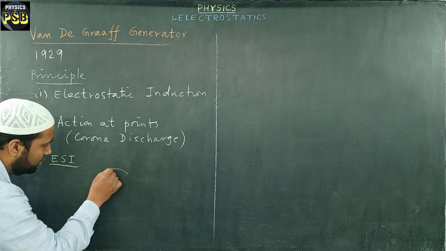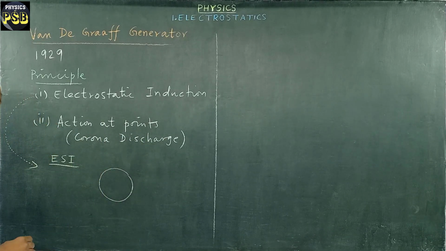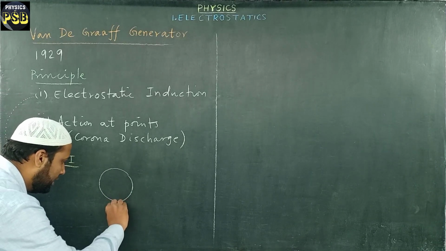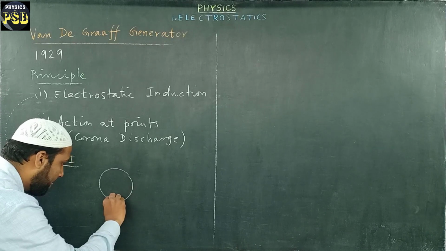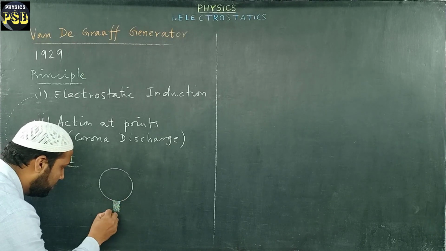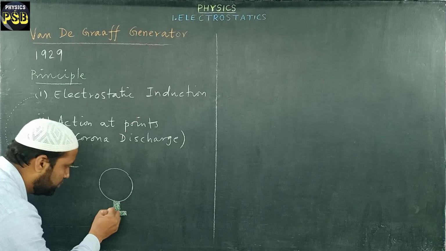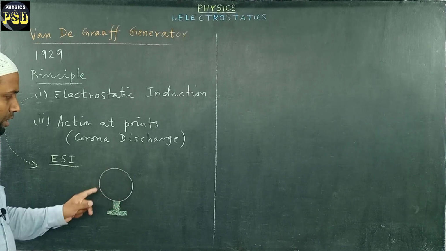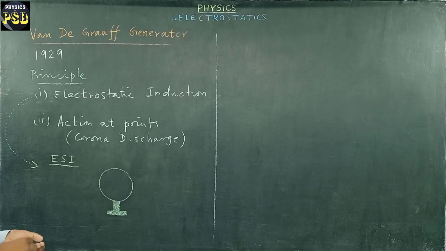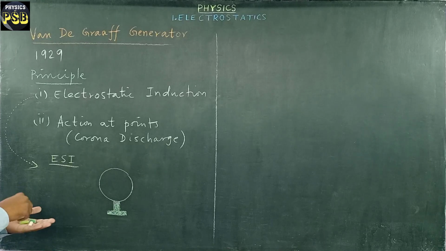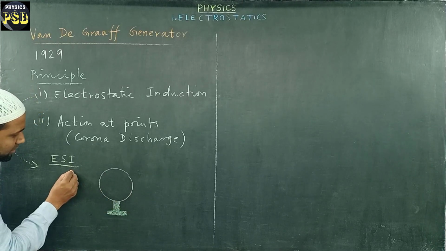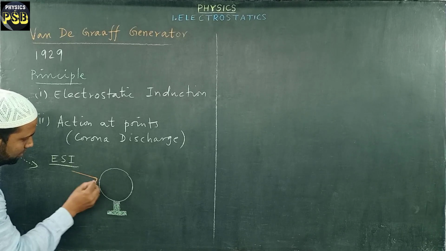Suppose I have an object which is placed on an insulating stand of this kind. This is a hollow metal sphere, I say. Now, beside this, I bring a charged object.